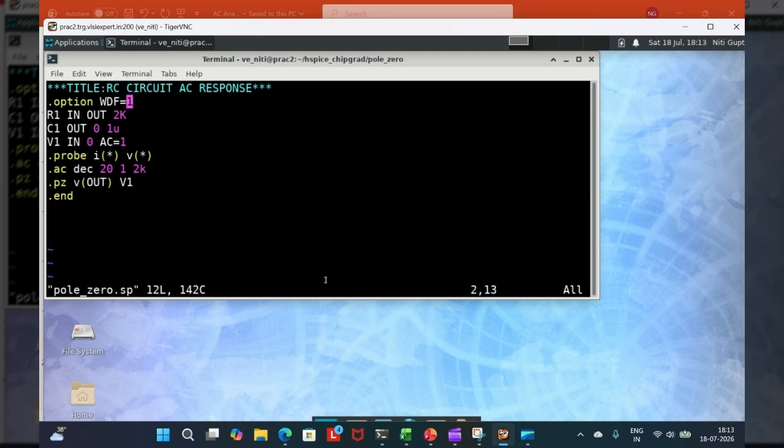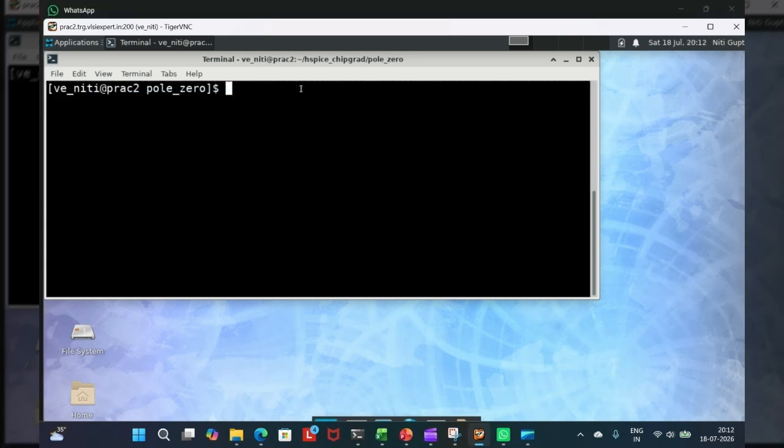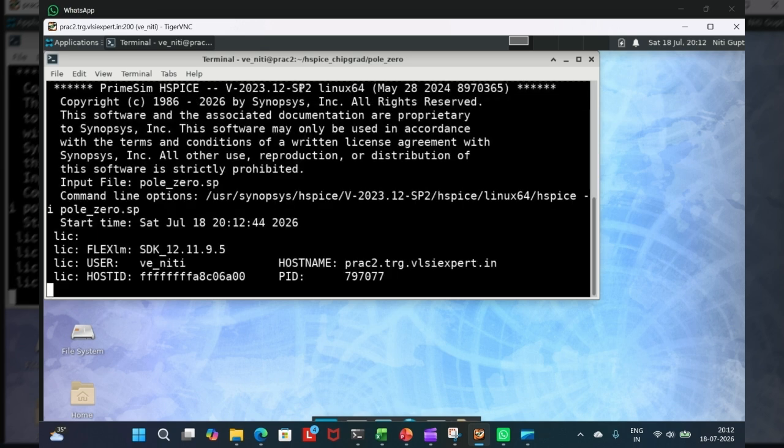Then we have .option WDF=1. Define R1, connected between what and what, and the value. C1, V1, probe statement, .ac statement, and then the .pz statement, right? Now I'll just run the simulation. To run it, I will write hspice -i, the name of my netlist, and let's run it.